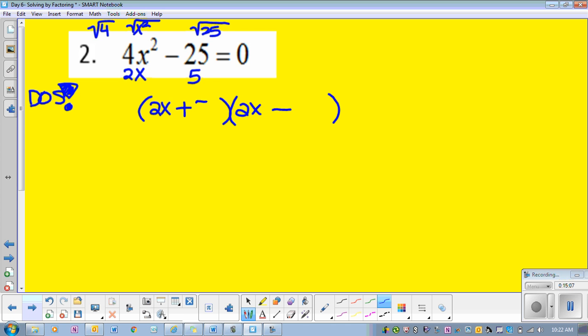The 5, good. And don't forget, guys, this problem has an equal sign, right? It's equal to what? 0. That means mini equations. Everybody gets set equal to 0.